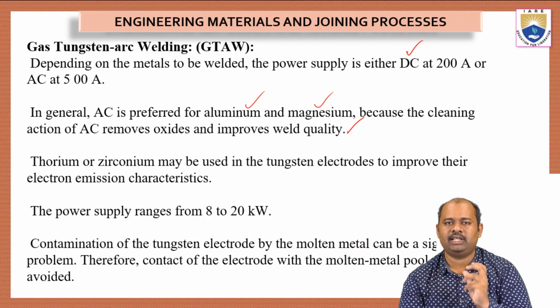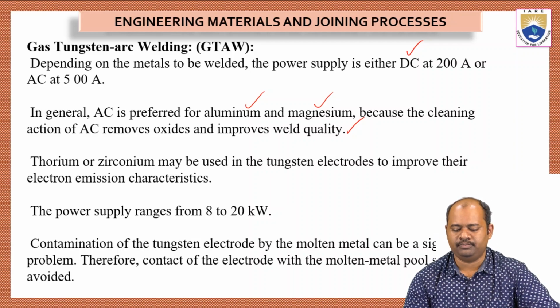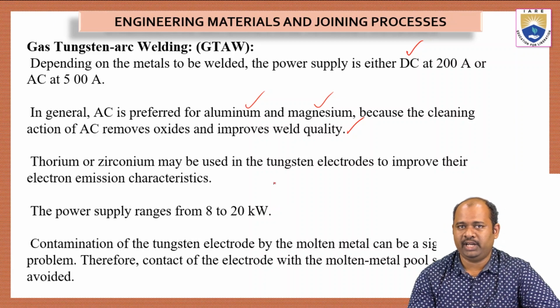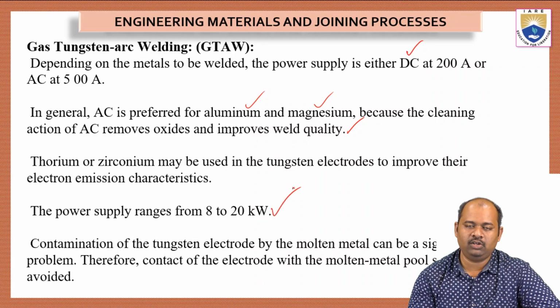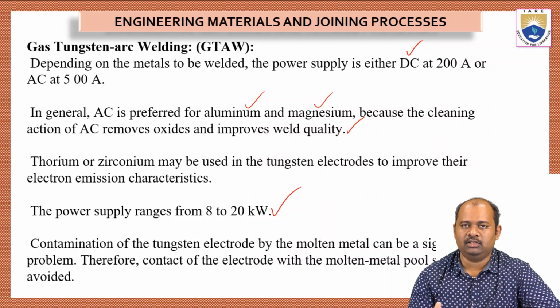In order to improve its characteristics, we have to add some other metals like thorium or zirconium. And the power supply of this GTAW ranges from 8 to 20 kilowatts. Depending on the application or the size of the plate which we are welding, we have to choose the particular welding power supply.